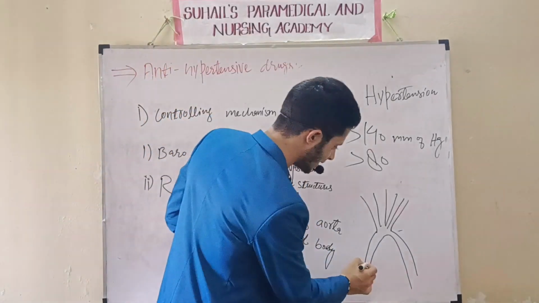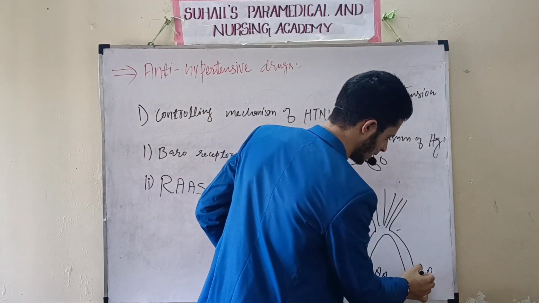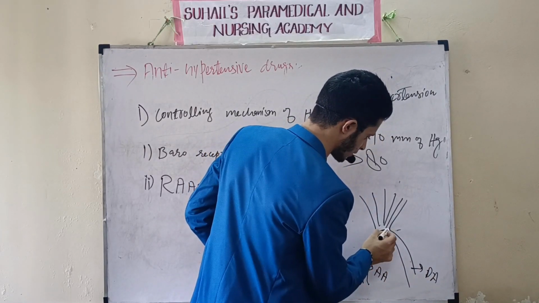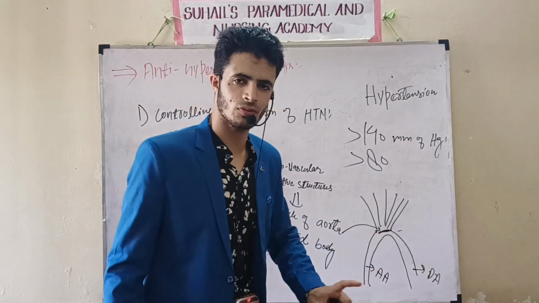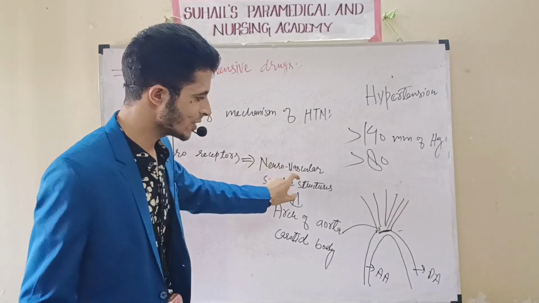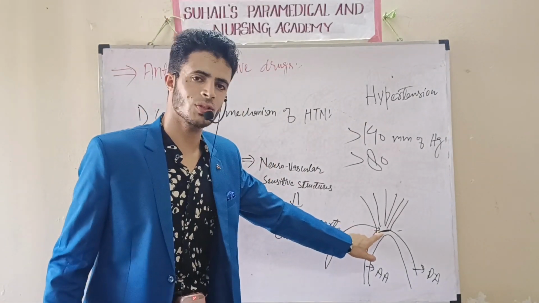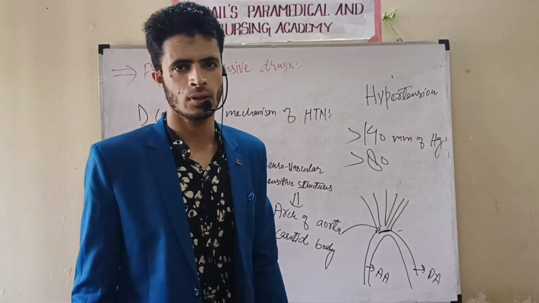Here, this part is called the arch of aorta. This arch of aorta is a neurovascular sensitive structure that acts as a baroreceptor.